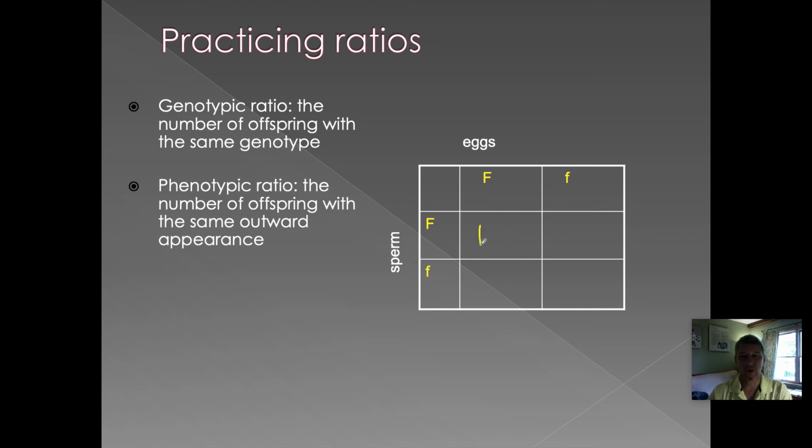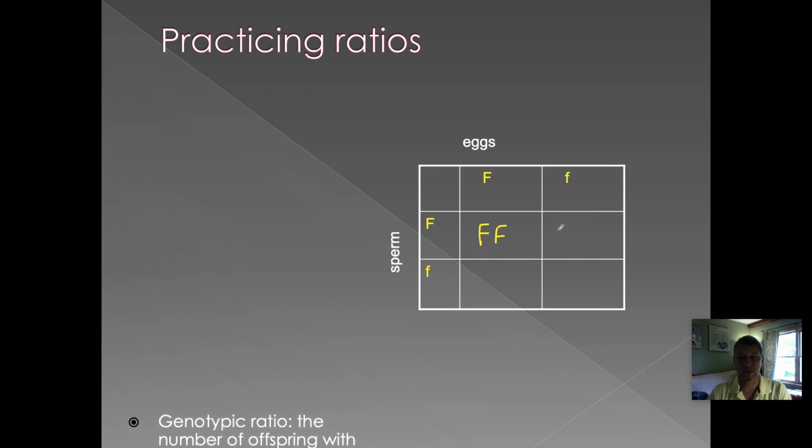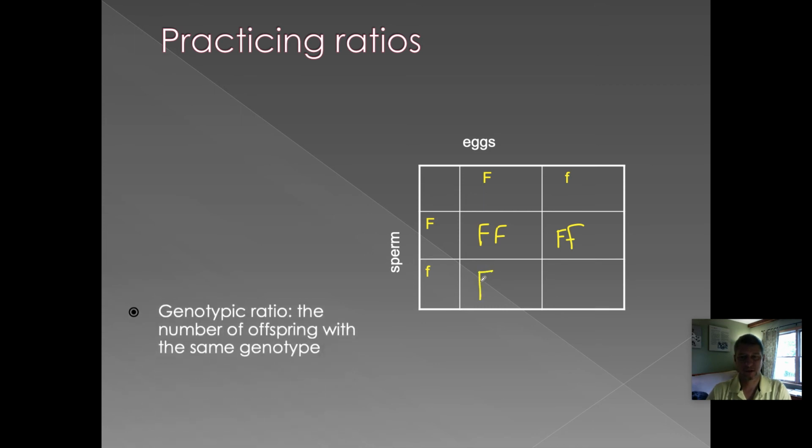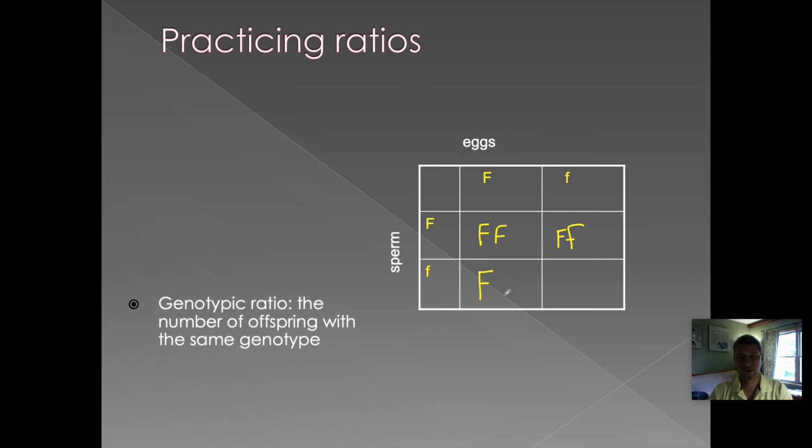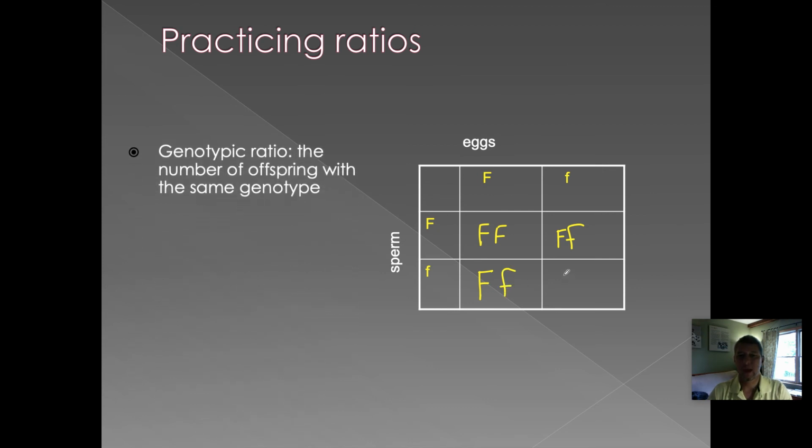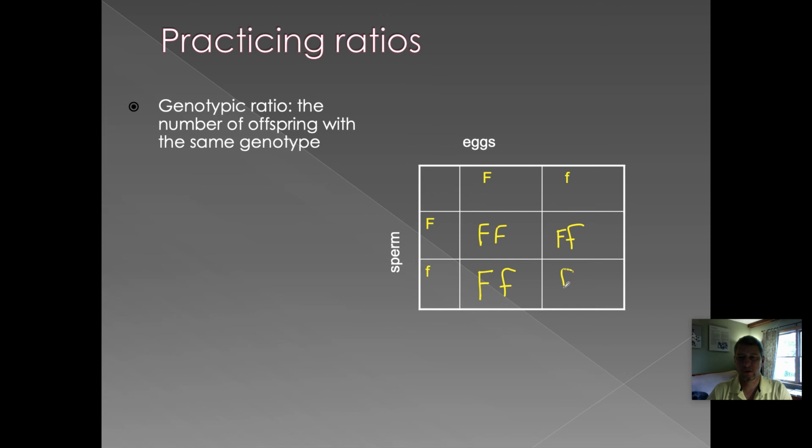If we quickly do the cross, we find that this potential child will have two dominant alleles. This potential child will have a dominant and a recessive. This potential child will have a dominant and a recessive. And this potential child will have two recessives.